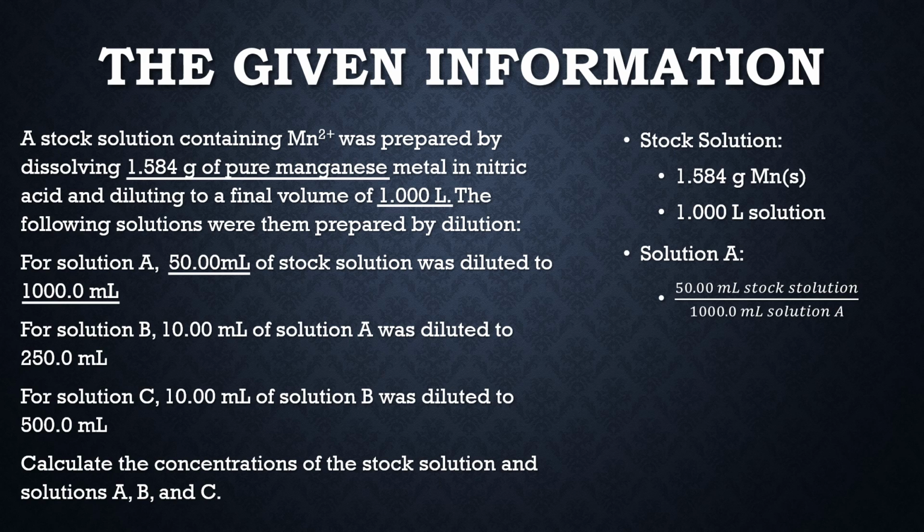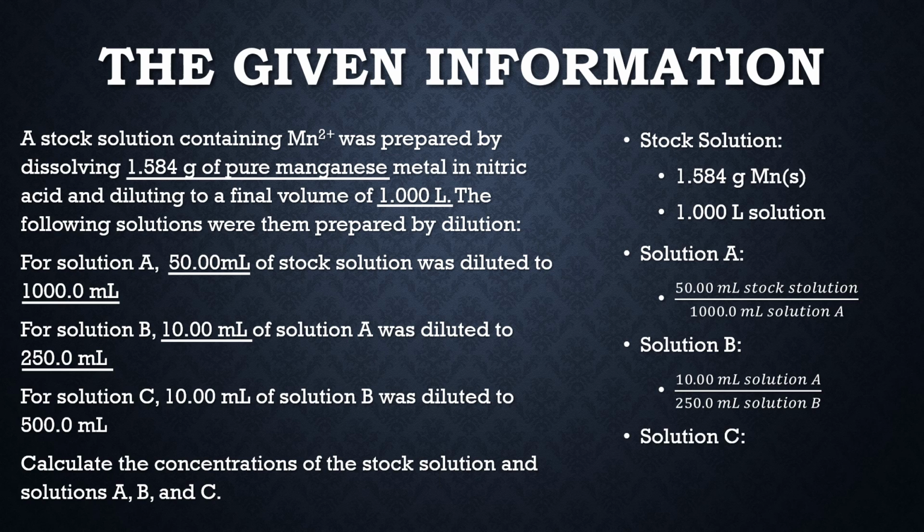Okay, on to solution B. So what do they tell us about solution B? Well, they take 10 milliliters of solution A and dilute it down to 250 milliliters. So another conversion factor we have there, 10 milliliters of solution A into 250 milliliters of solution B. So you're taking 10 milliliters of this solution and you're adding water until you hit 250 milliliters.